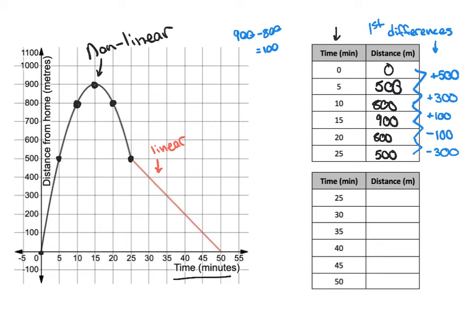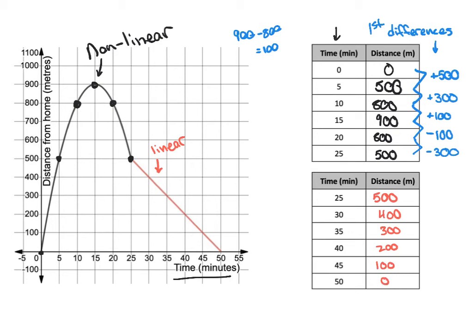So at 25 minutes, we are still in that same spot here of 500 meters. At 30 minutes, we are down to 400 meters. At 35, we are down to 300 meters, then 200, then 100, and then 0.